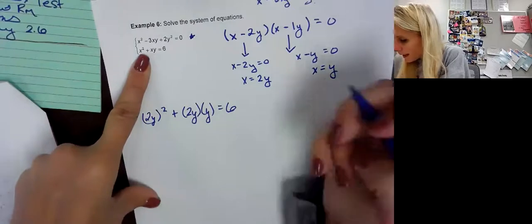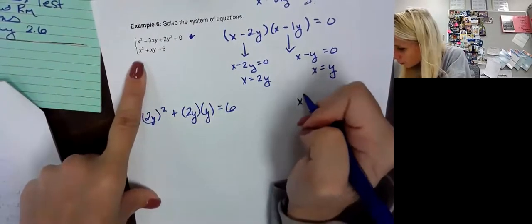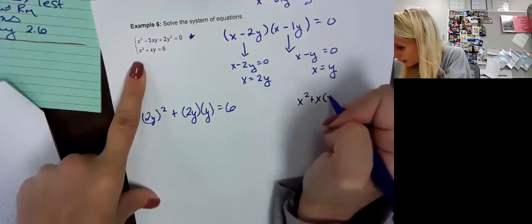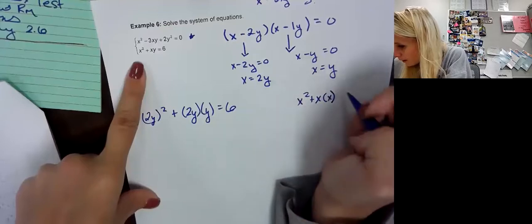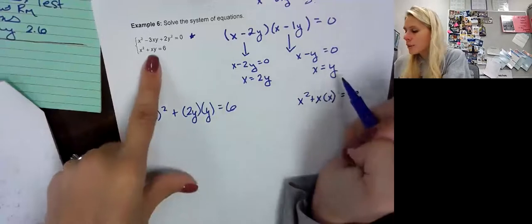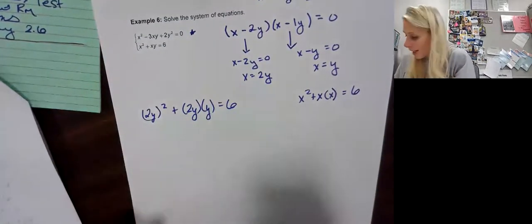So that's one case. And down here, what do you know? We get x squared plus x times x equals 6. Now, if you guys can see, I just substituted the y in for the x. So this one was a little bit different, the way I went about it.